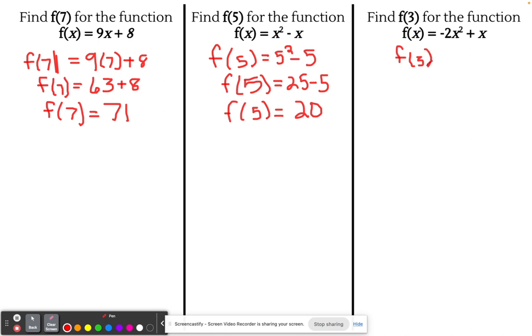Now you got to be careful with this one. It is x that's being raised to the second power, not the negative 2 times x that's being raised to the second power. I'm going to put that in parentheses. Now we know this isn't going to be a linear function because I have that exponent on the variable.